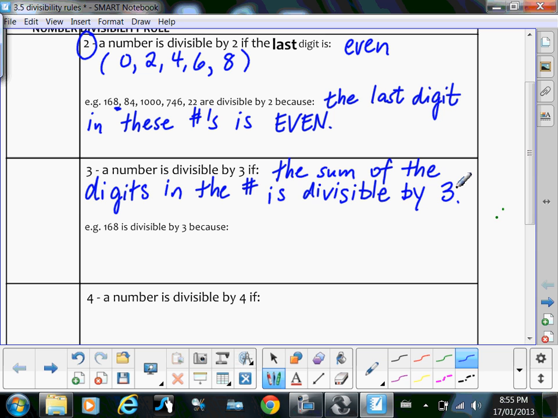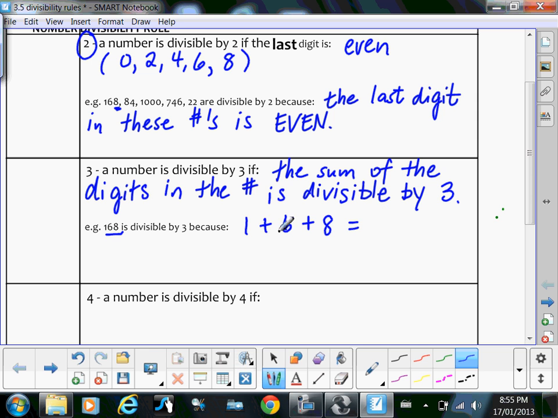Okay, now the example I gave you is 168. If we look at 168 and break it up in terms of its digits, we want to find the sum of the digits: 1 plus 6 plus 8. Go ahead and add that up. You can pause the video here before I give you the answer.